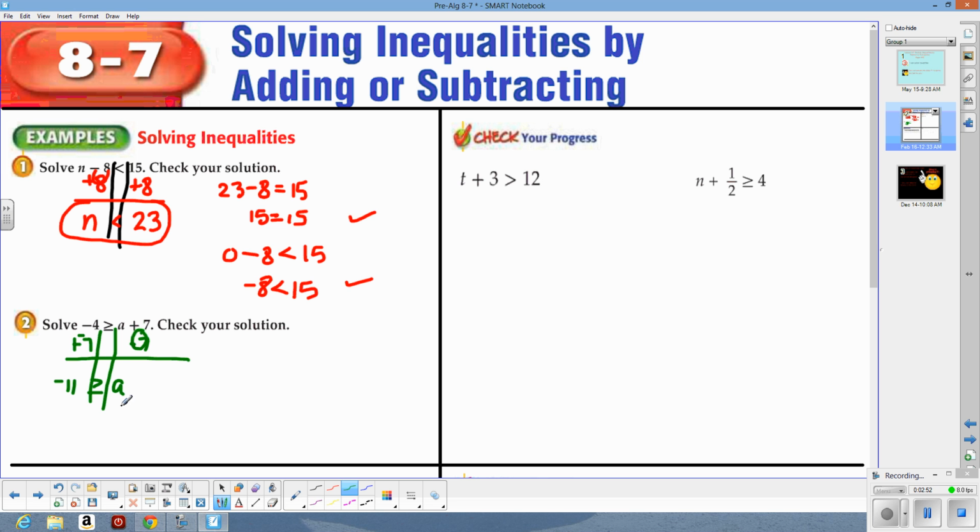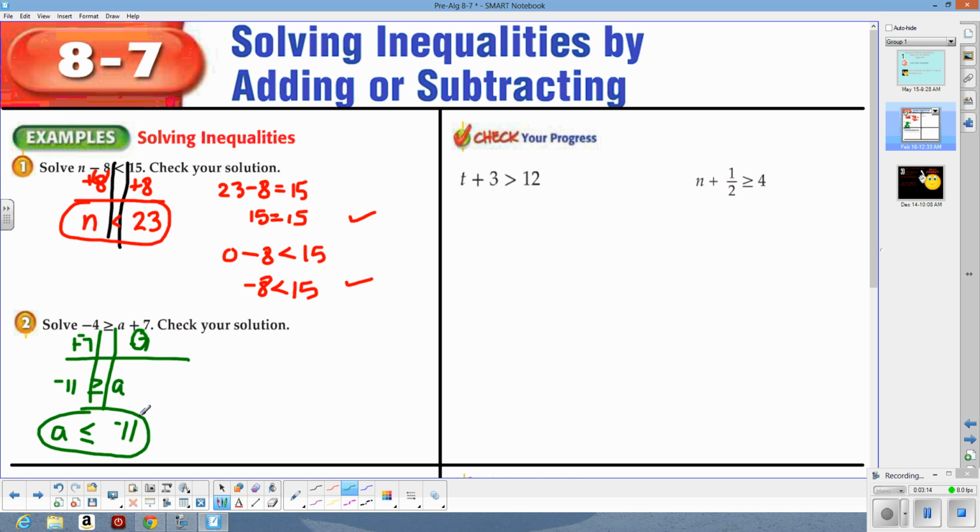Now, if my variable is on the right instead of the left, I would write my answer with the variable on the left and the number on the right, and make sure the symbol is still pointing at the a when we rewrite it. So I think it's the numbers that are less than or equal to negative 11.